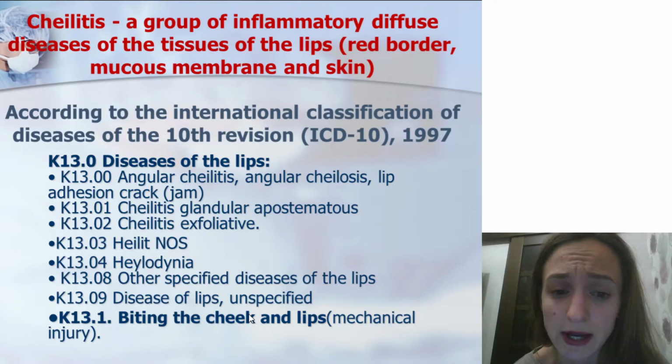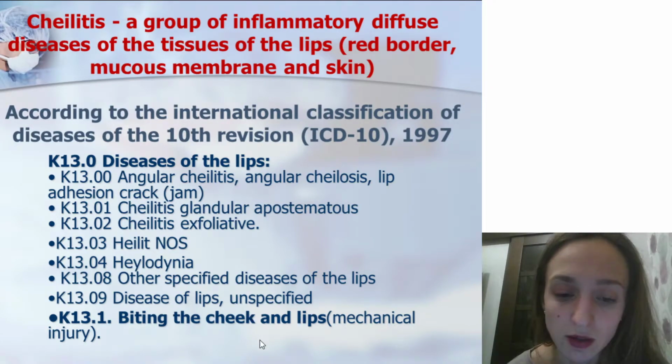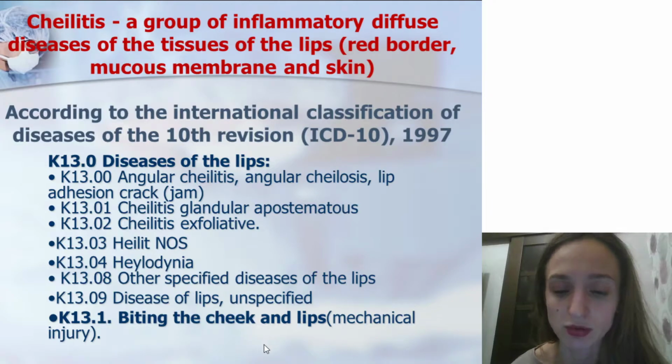Next one is glandular cheilitis, apostematous cheilitis, exfoliative cheilitis, and hyalodynia are the specific diseases of the lips, and unspecific diseases of lips. And the last one is bite in the cheek and lips, so mechanical injury.